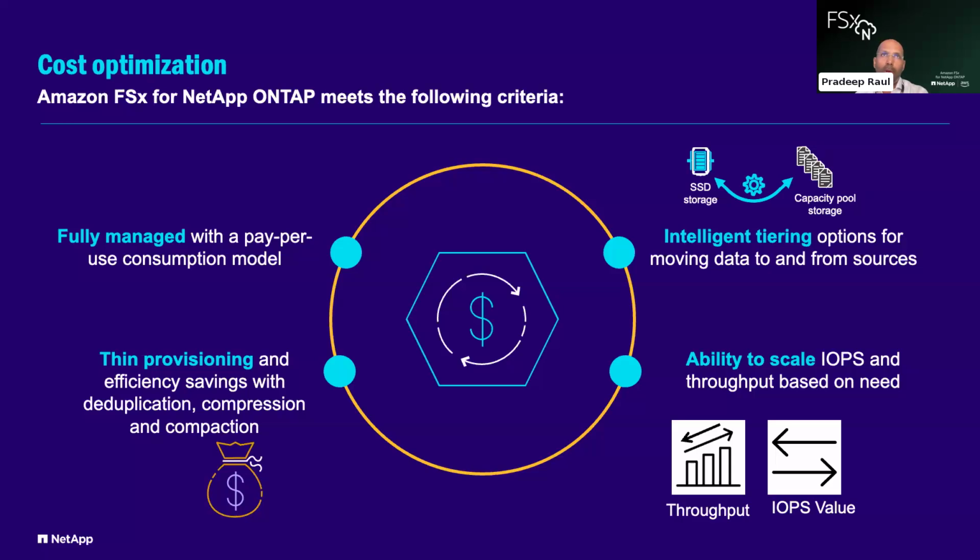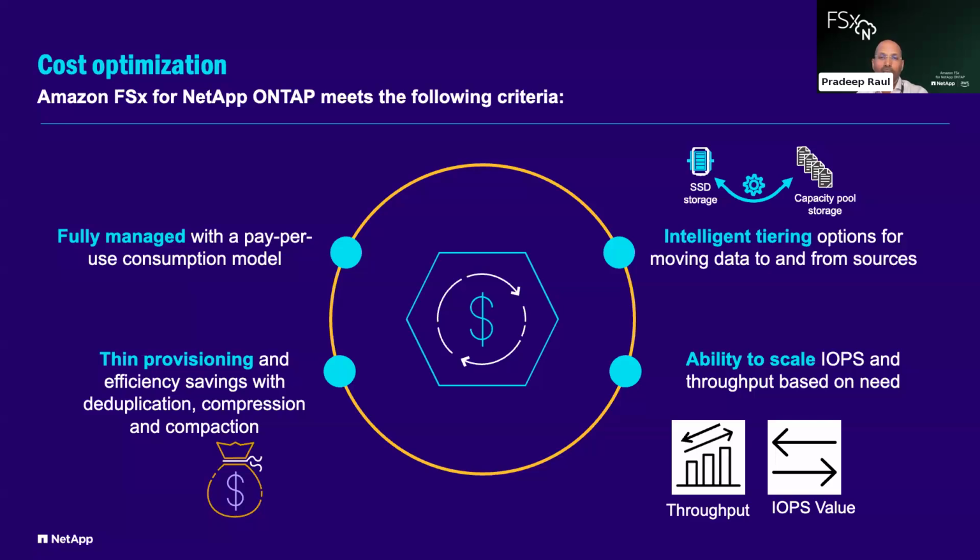You're only paying for 35 terabytes, so 35%, not 100% of that data. That's quite cost efficient. At the same time, it is also very sustainable, because if you are taking less physical space, that means you are using fewer resources, which leads to less energy consumption. So it is more sustainable as well.